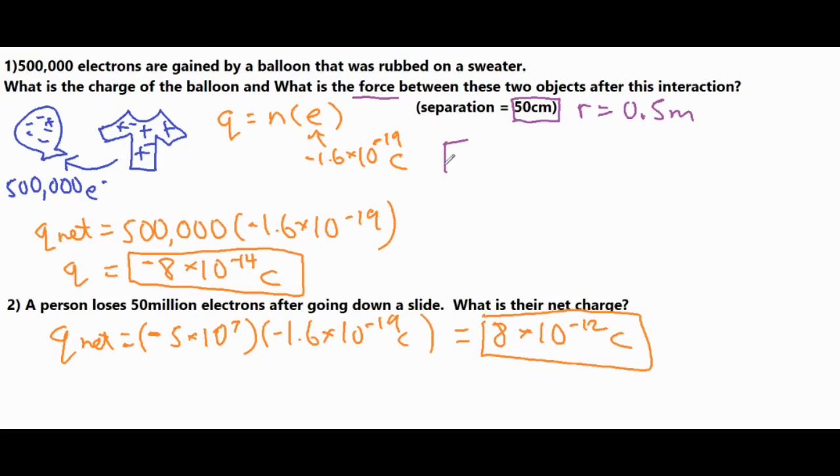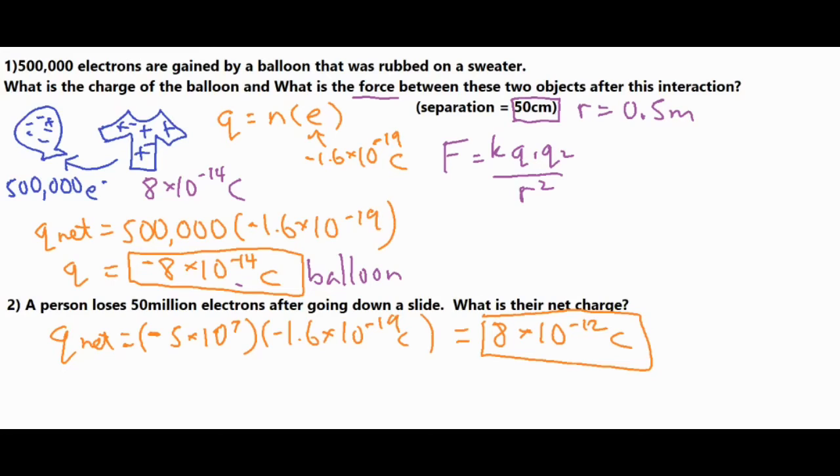So when we do F equals K Q1 Q2 over R squared, we have a Q1 value of negative 8 times 10 to the negative 14th coulombs for the balloon, and then positive 8 times 10 to the negative 14th coulombs for the sweater. Because we're just going to find the magnitude of the force, we drop the negative sign, so our Q values are the same.